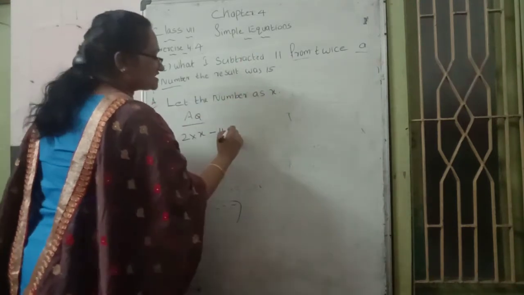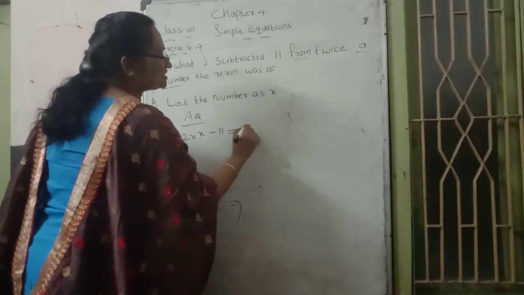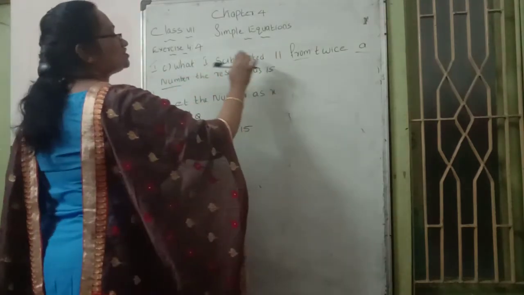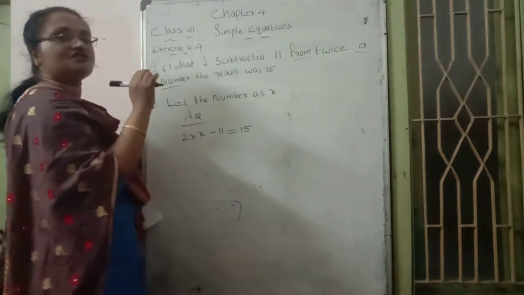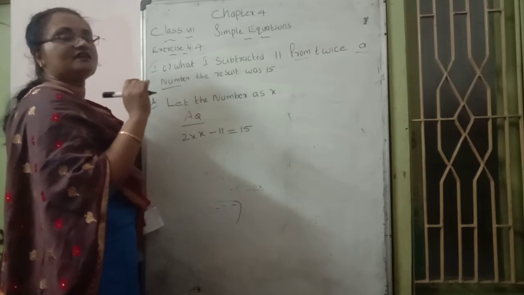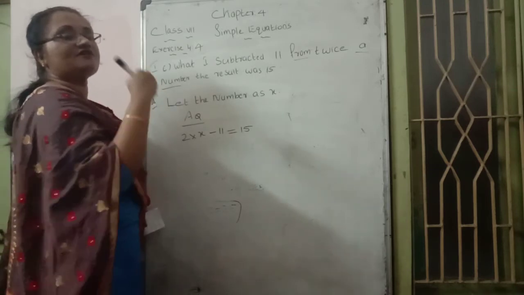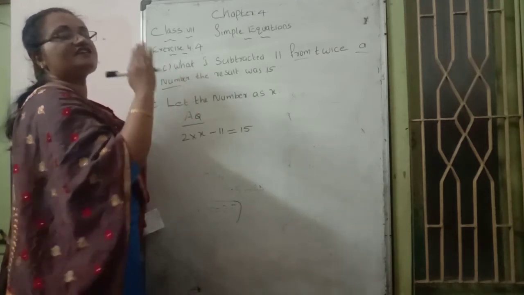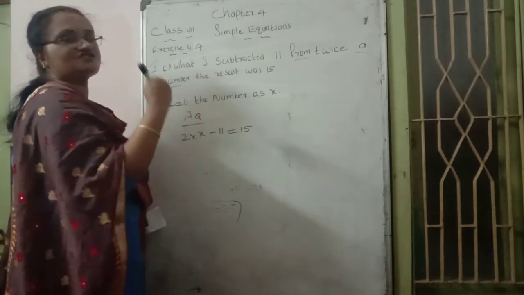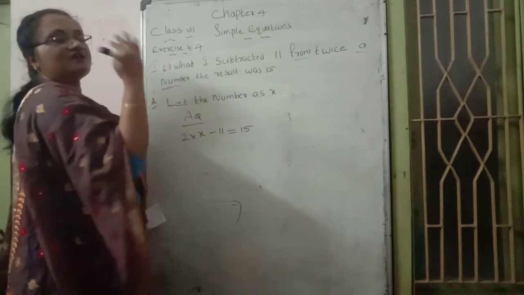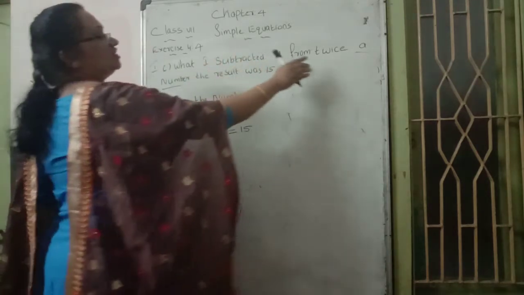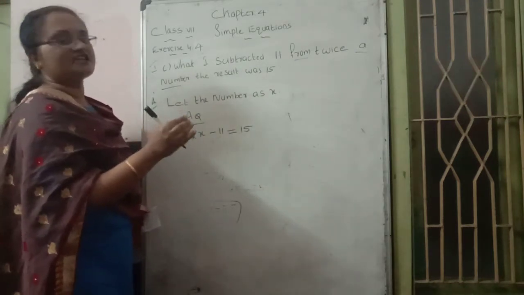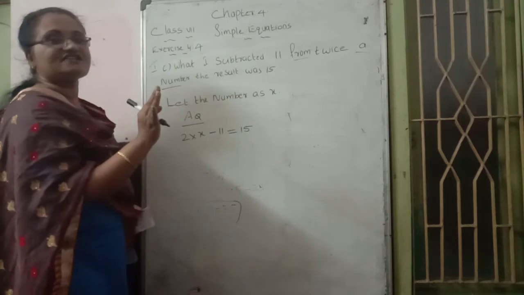The result, how to write? Equal, and the result was 15. In this way we are writing. Always like that. Twice means 2 times, thrice means 3 times. So 2 times represents which operation?